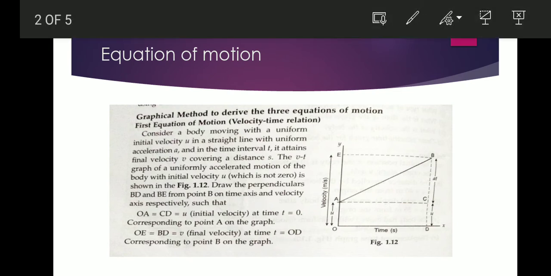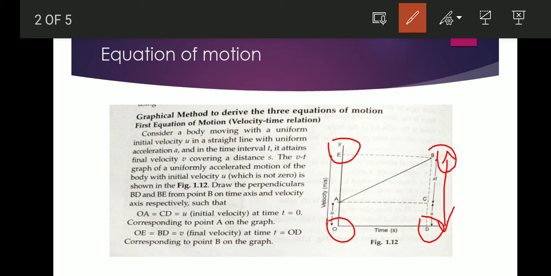Here we have E and here we have O. That means OE equals BD. This distance is final velocity. Okay, then time t is equal to OD. This distance OD is our time corresponding to point B on the graph.